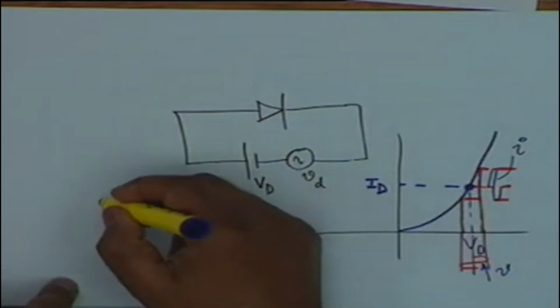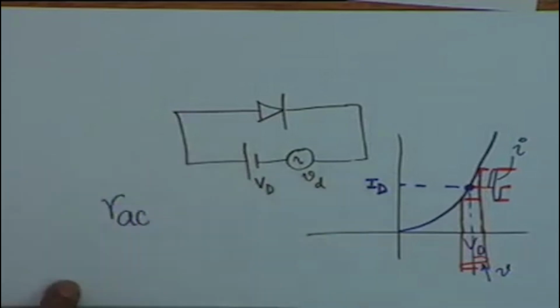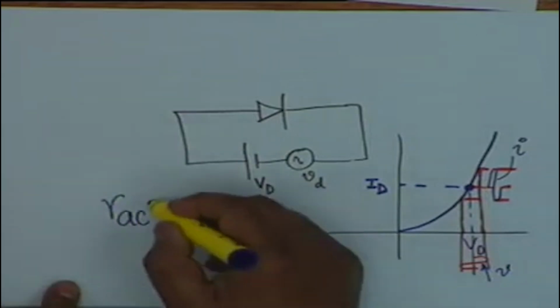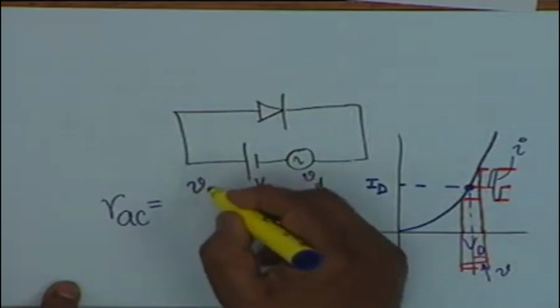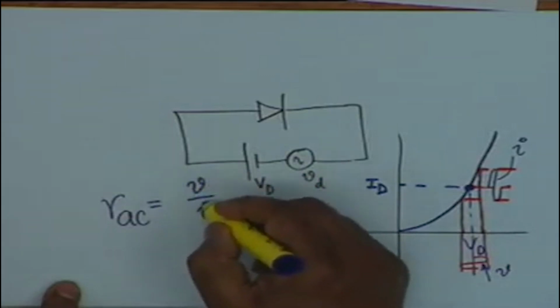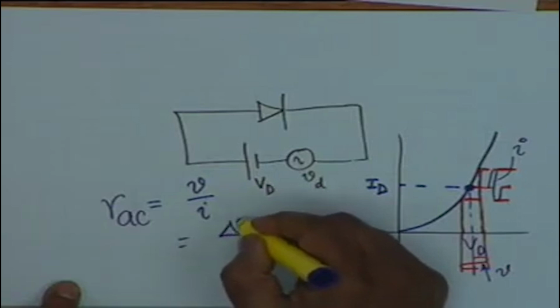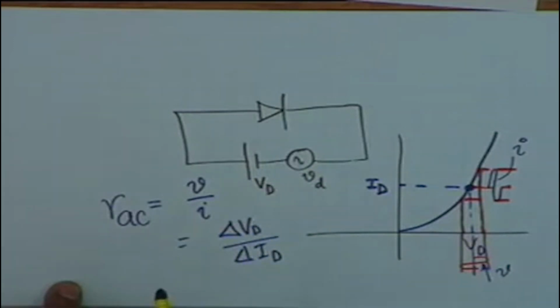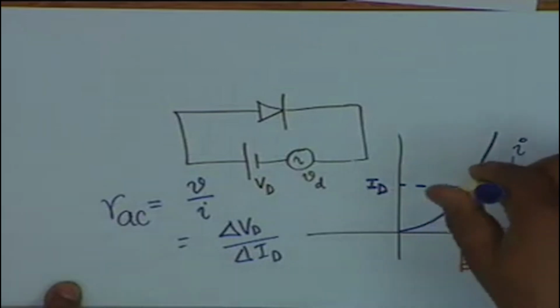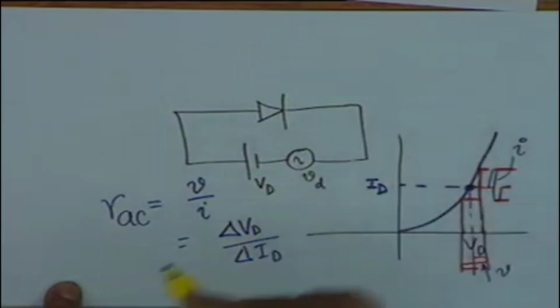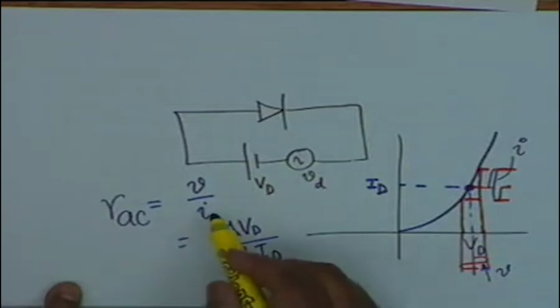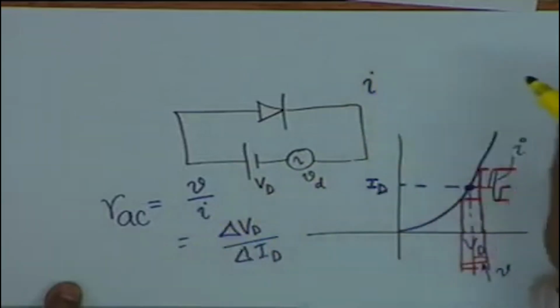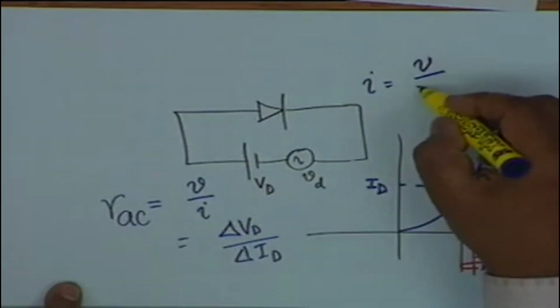In other words, you can define an AC resistance, small r AC, as equal to small v divided by small i, which is obviously delta V sub D over delta I sub D, an incremental resistance. If the diode is sitting at this Q point, then given a signal, you can always find the signal current i as v by r AC.